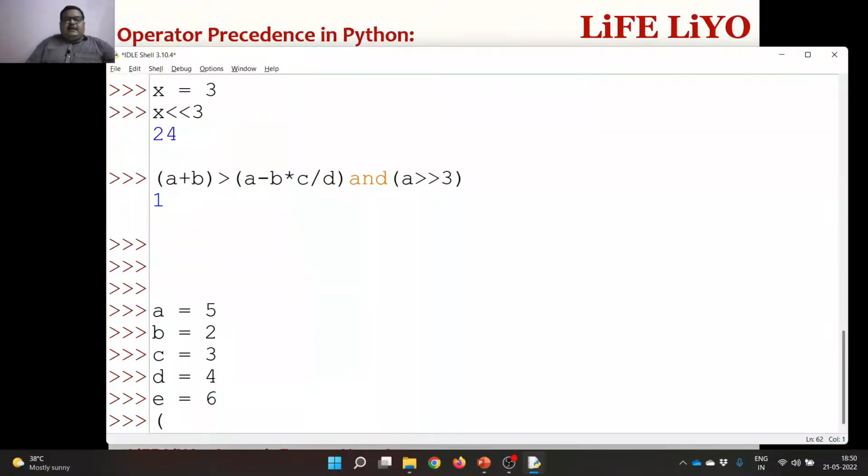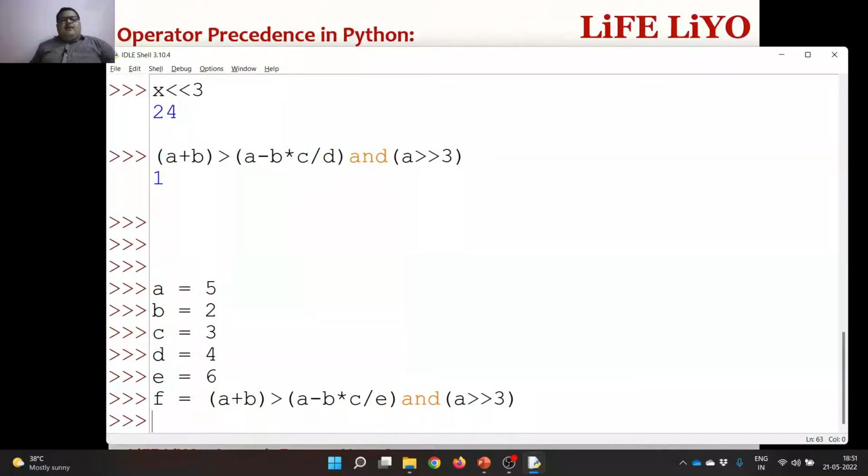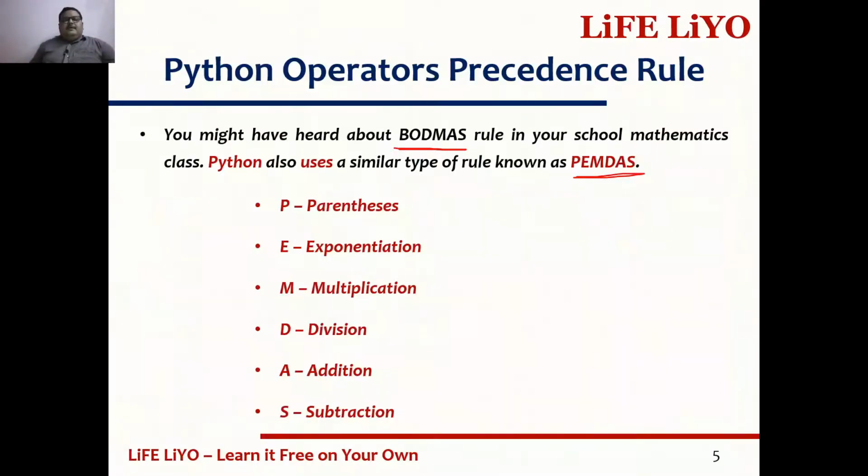Now I will do A plus B greater than A minus B into C by E and A right shift 3, and I am going to store it in F. So first, as per our Python operators precedence rule, it follows the PEMDAS.